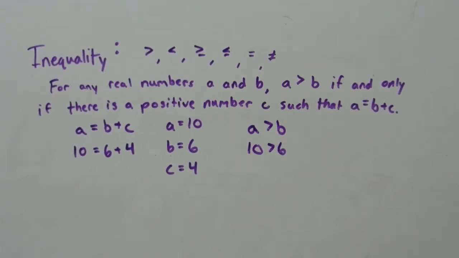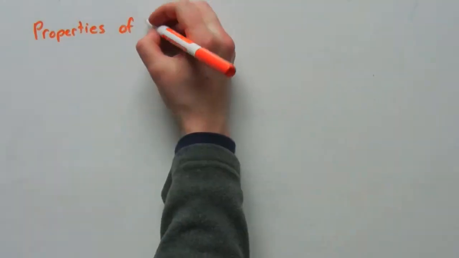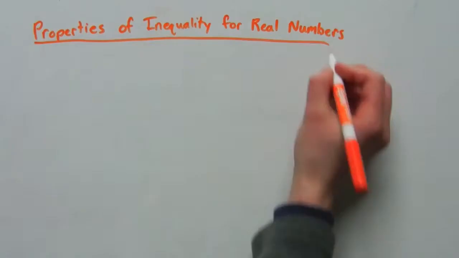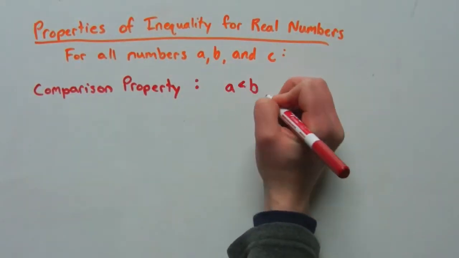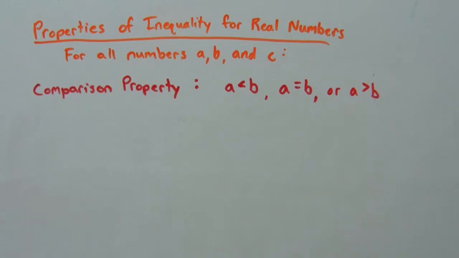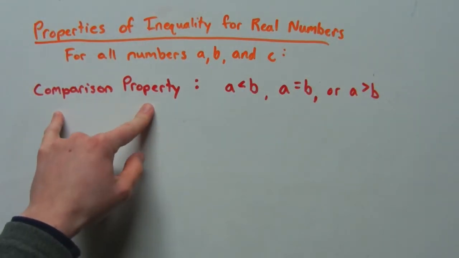Now that we have a good foundation for inequality, let's go over the properties of inequality for real numbers. Our first property is the comparison property.